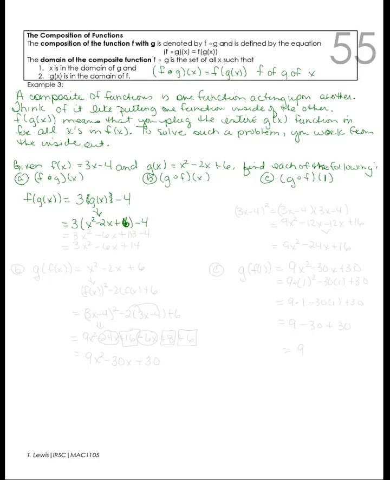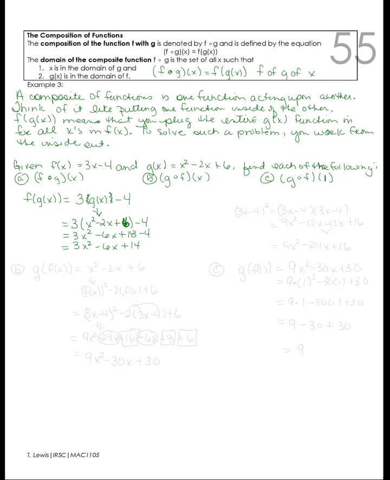Distribute. So we have 3x squared minus 6x plus 18 minus 4, and then combine like terms. That's plus 14. Okay, so working inward and out.